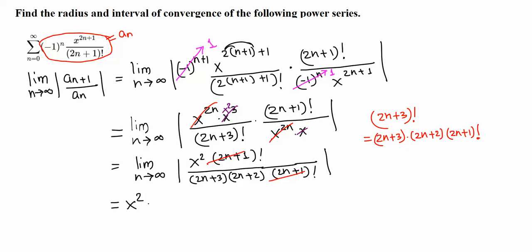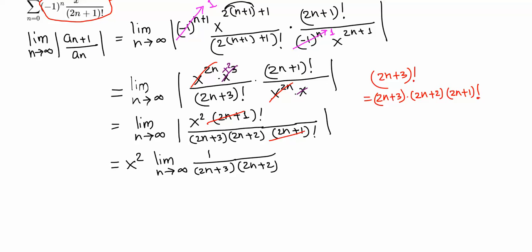We have the limit as n goes to infinity of 1 over (2n+3)(2n+2). When n goes to infinity, the bottom goes to infinity times infinity, so 1 over infinity is 0. So this limit is in fact 0, and 0 times x^2 is just 0. So the limit is 0.